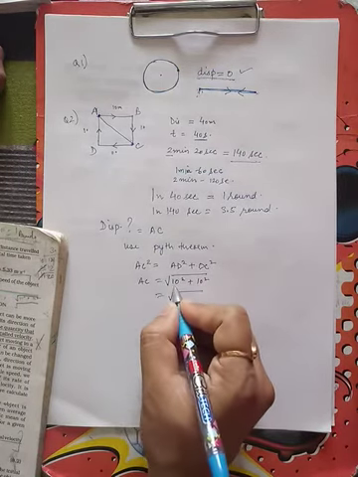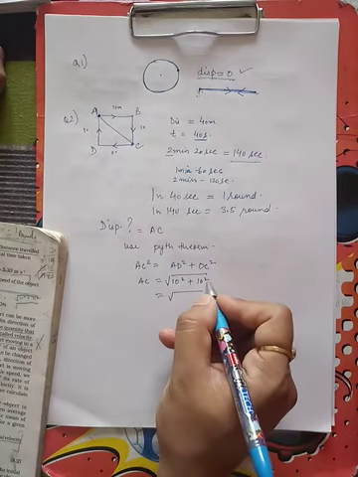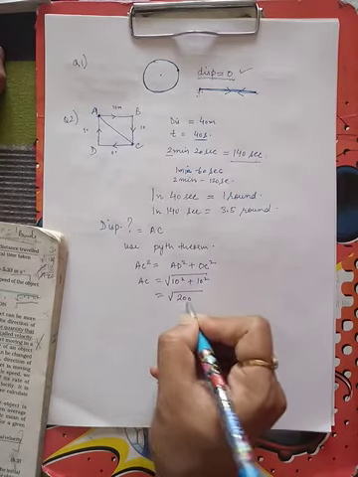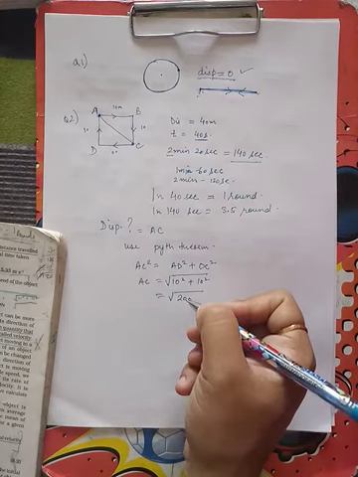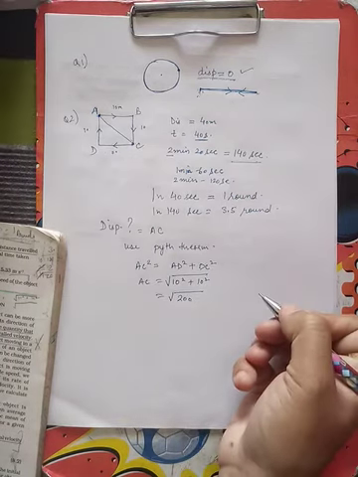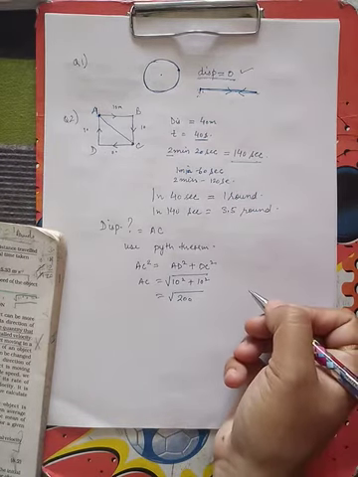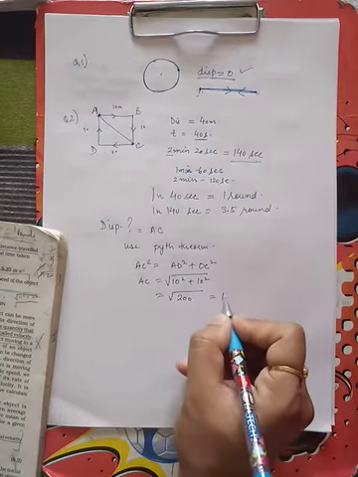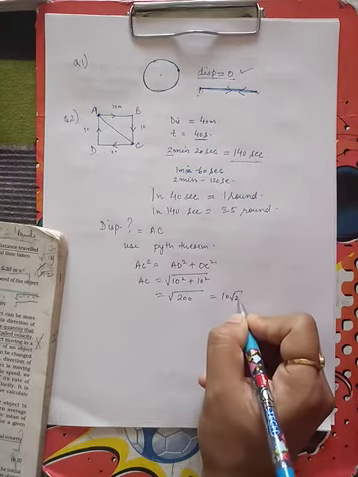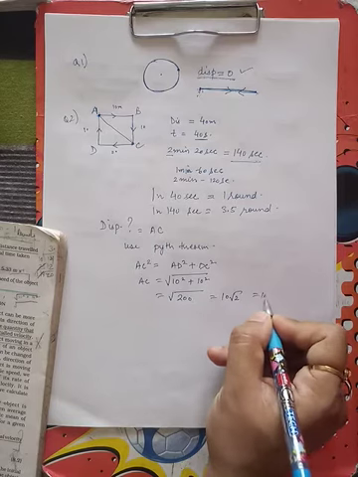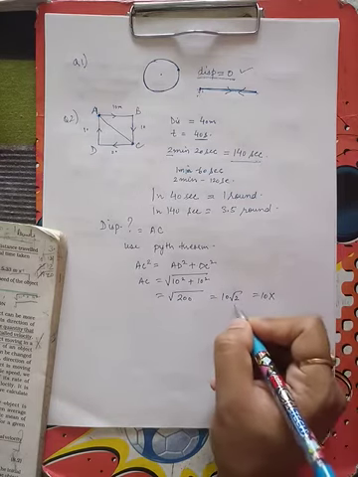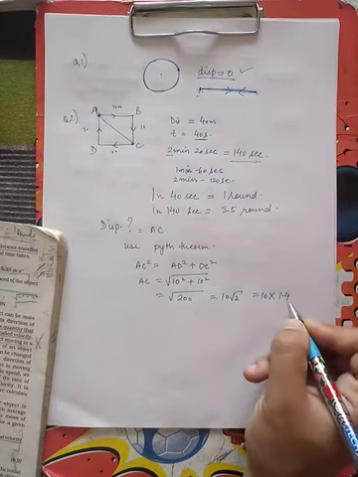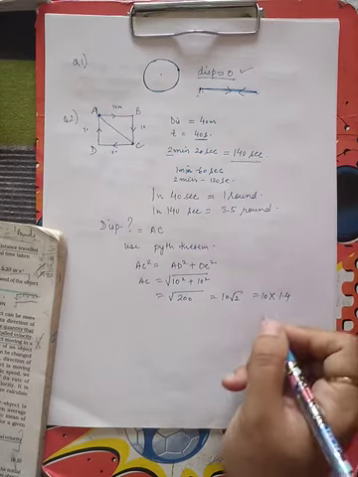Then it will be under root of 10 square is 100, 10 square is 100, plus 100, that will be under root of 200. So what is under root of 200? In a simplified manner we can write it as 10 root 2, or 10 multiplied by the value of root 2, which is 1.414.